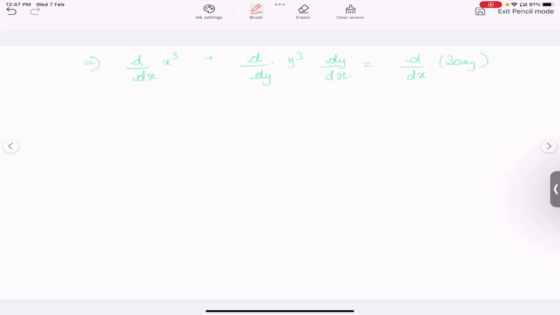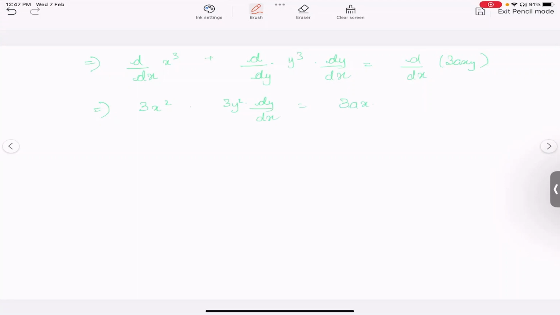We have to use the multiplication formula in the form of u times v. So this will become 3x square, this will be 3y square times dy by dx, and this thing will be 3a.